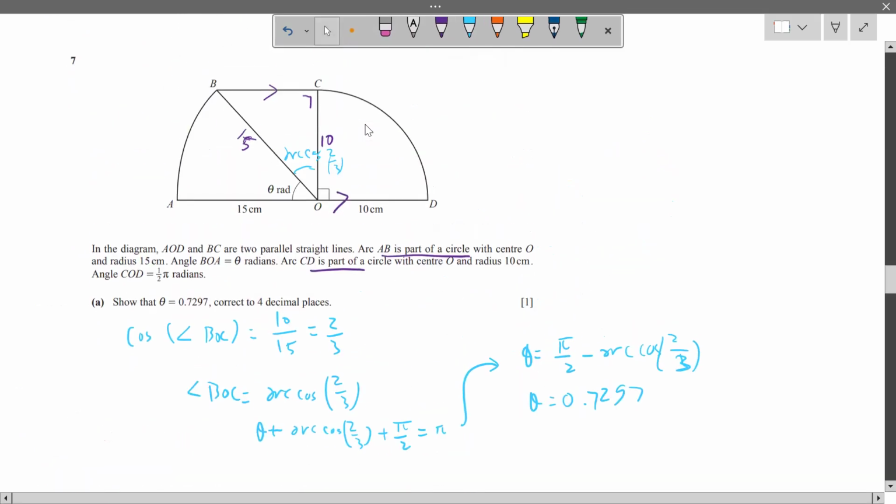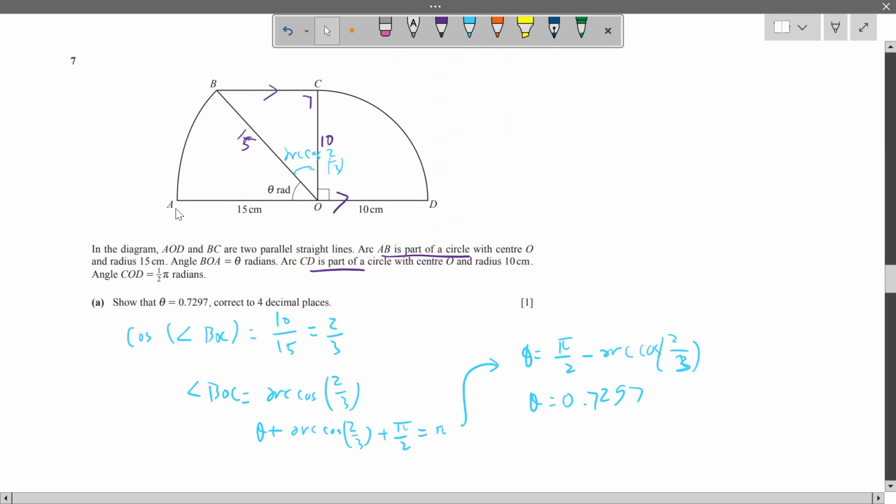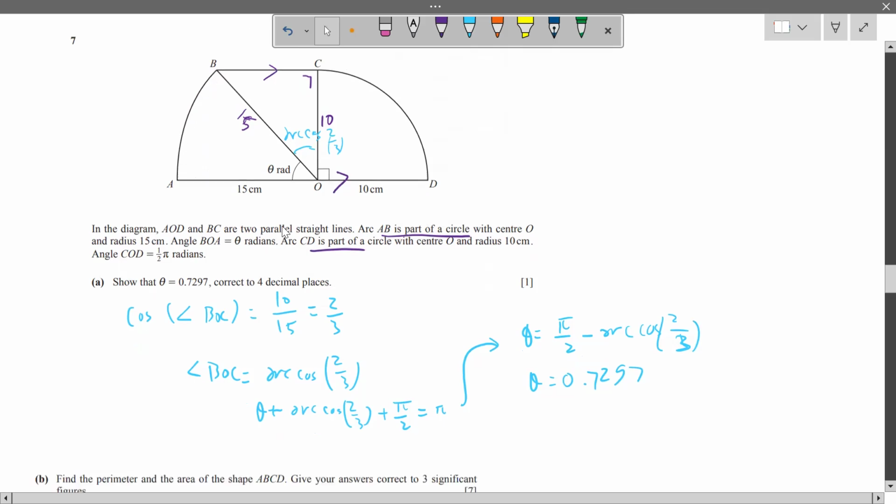If you take a look at the shape here, the perimeter is the sum of the lengths of the outside parts. So that would be AOD, which is just AD because they're on a straight line, then CD, then CB, then BA.